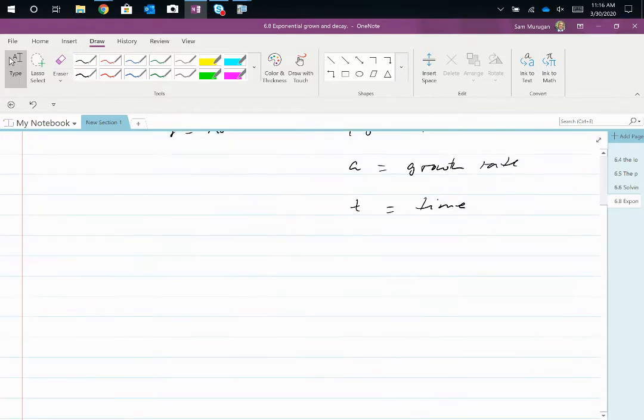So if we consider, say, viruses can multiply at an alarming rate.